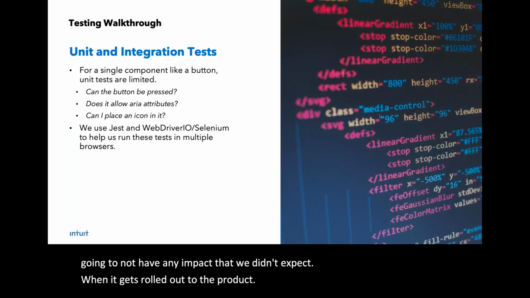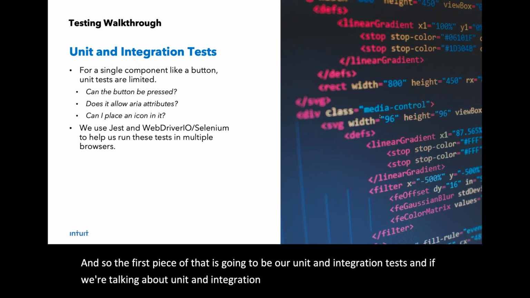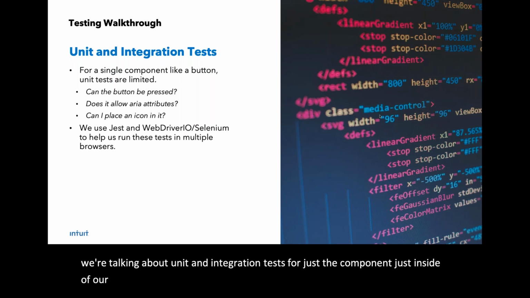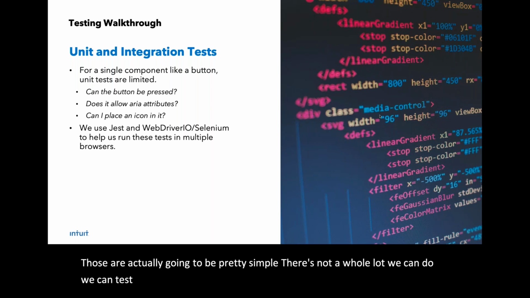And so the first piece of that is going to be our unit and integration tests. If we're talking about unit and integration tests for just the component, just inside of our documentation site like Storybook, those are actually going to be pretty simple. There's not a whole lot we can do. We can test, can the button be pressed and interacted with?